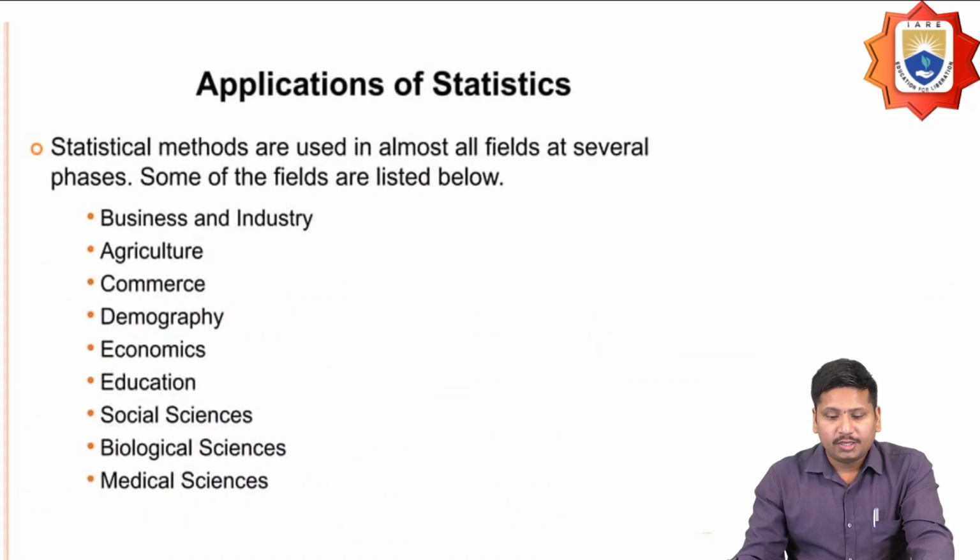Then comes the application of statistics. Statistics is used in many applications and various fields. It may be used in business and industry, where statistics plays a vital role in how a business is improved through implementing statistics. Statistics is also used in agriculture, commerce, demography, economics, education, social sciences, biological sciences, and medical sciences.